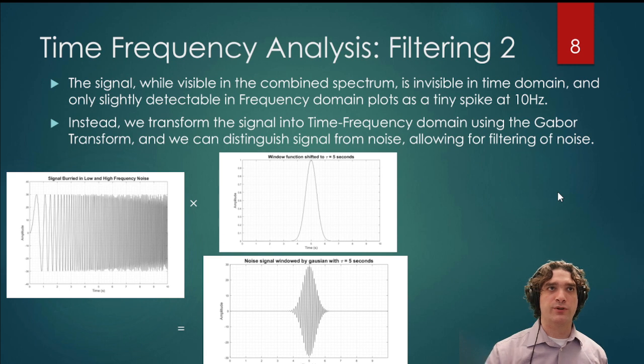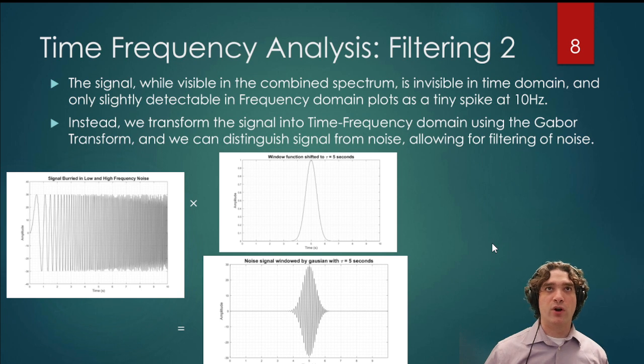So what we're going to do is multiply the noise signal by a Gaussian window, and this produces a windowed version of the function. We take this time domain windowed function and send it by the FFT into frequency domain and look at its spectra.